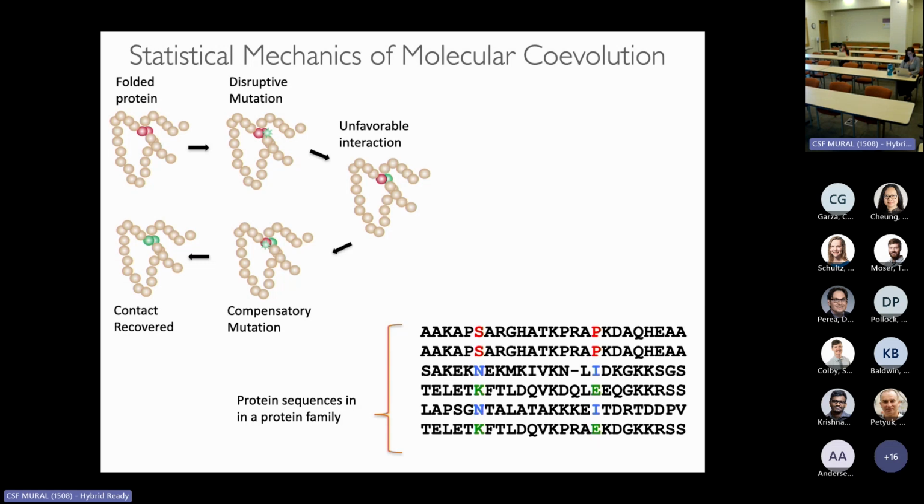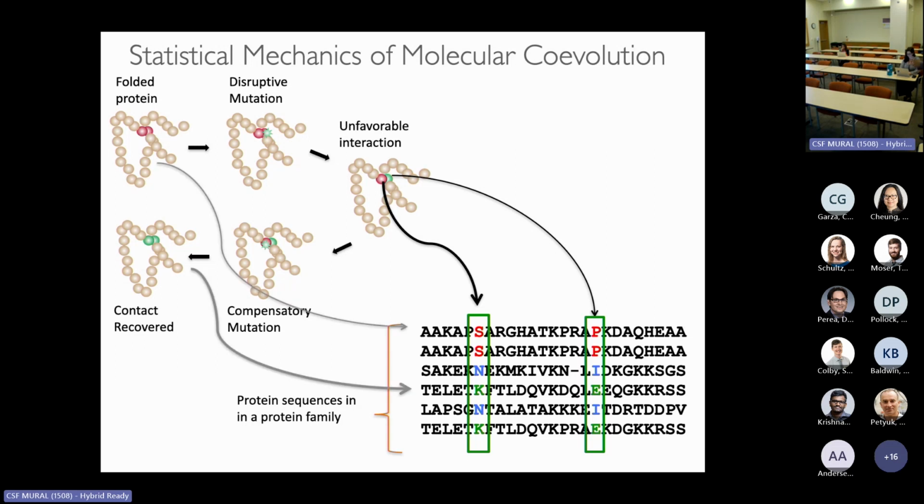So this reestablishment of stability actually gets recorded in the history of the family of this protein, right? Here I'm showing you a multiple sequence alignment where the initial folded protein and the one that has a contact recovered are now part of the history, the phenotypes and genotypes, of different organisms.